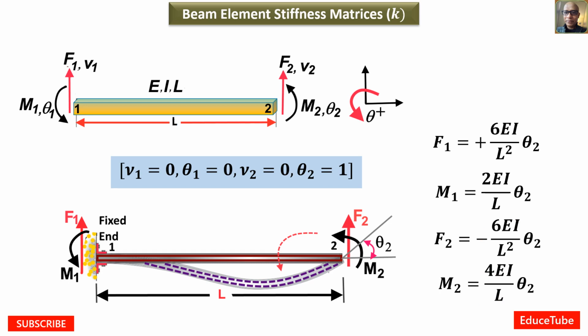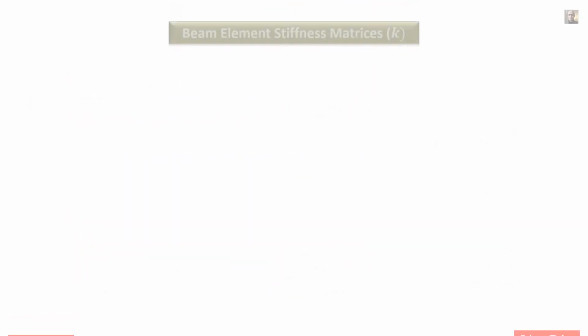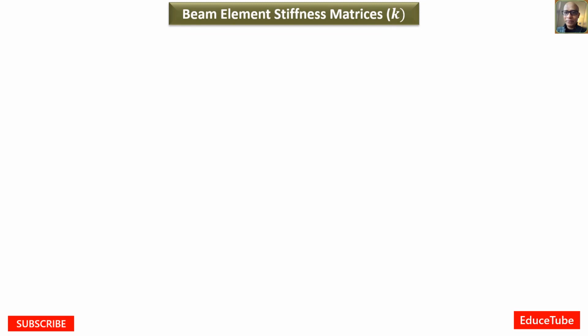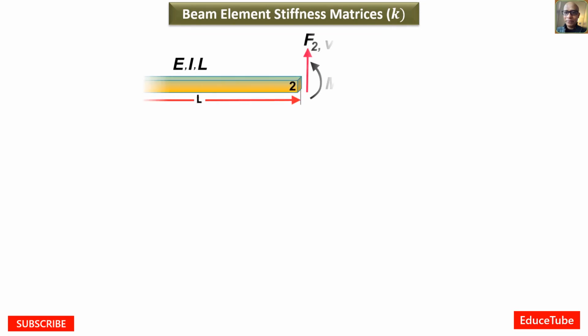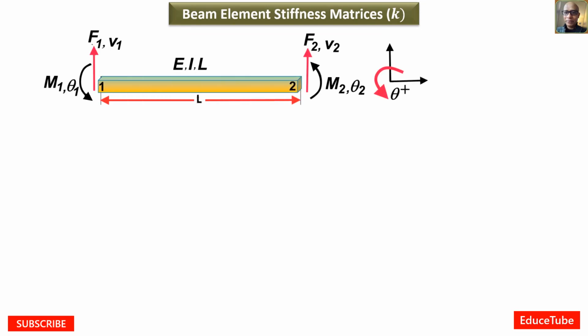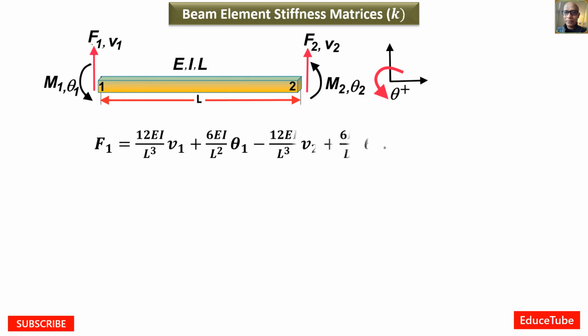From the last 4 slides, we can write it as 4 equations, like F1 equal to, taking these 4 items from the last 4 slides.